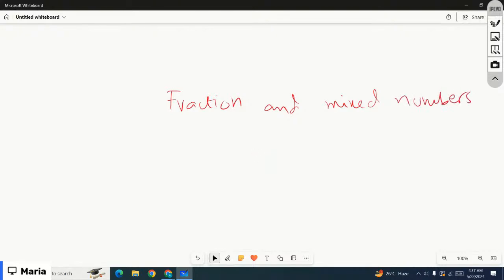Then we learned how to convert fractions into the lowest term. Then we calculated the least common denominators, and the one we have just finished is comparing fractions, right?